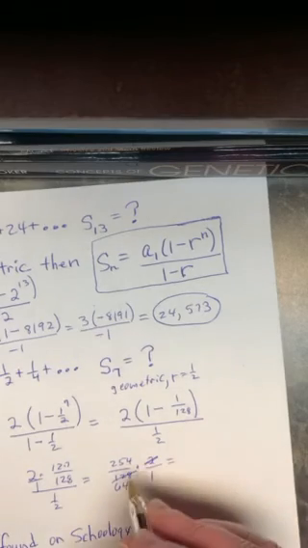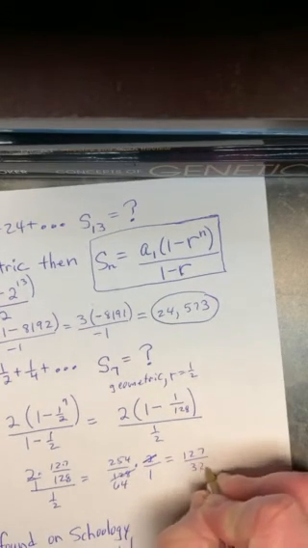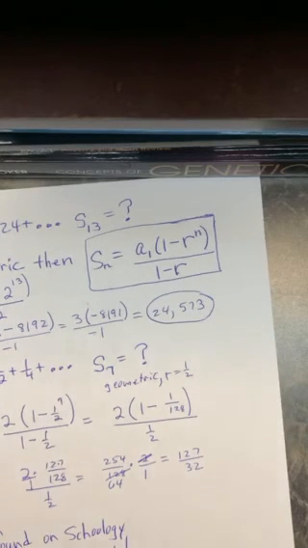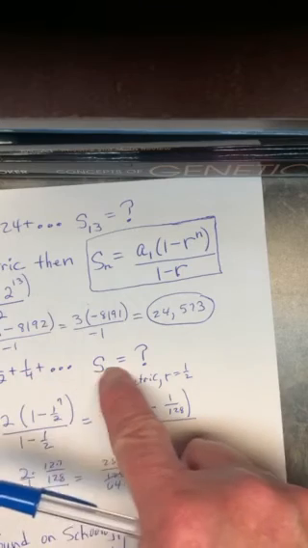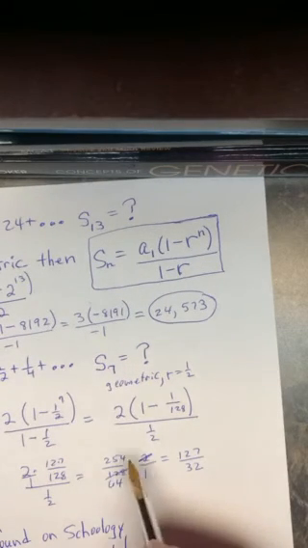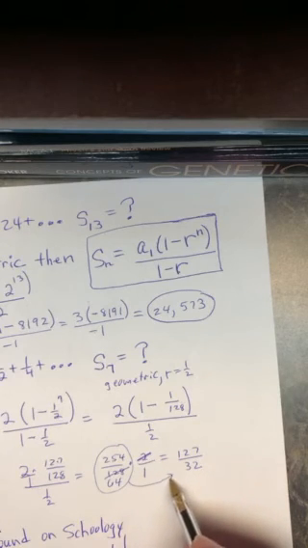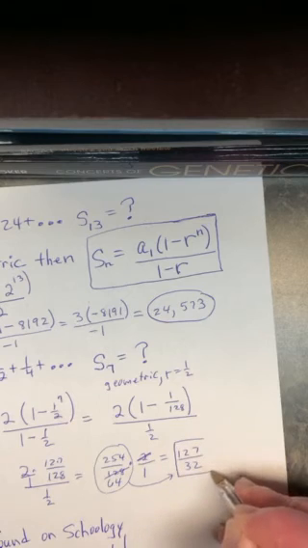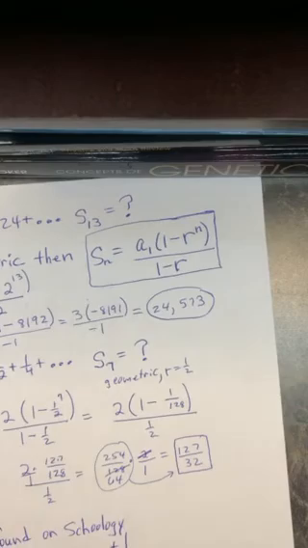So that'd be 127 over 32. And I think that would be my reduced answer. In other words, that 32 would have been your common denominator if you would have added all those fractions together. All I did was take 254 over 64 and reduce it. I divided each of them by 2 and got that answer right there. Wow, as the sum of the first 7 terms.